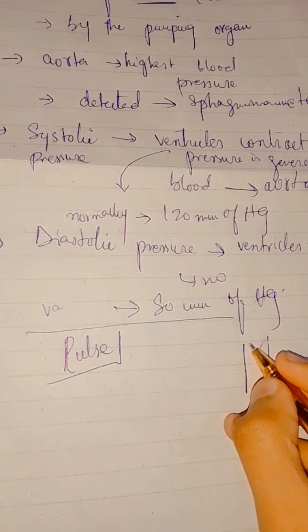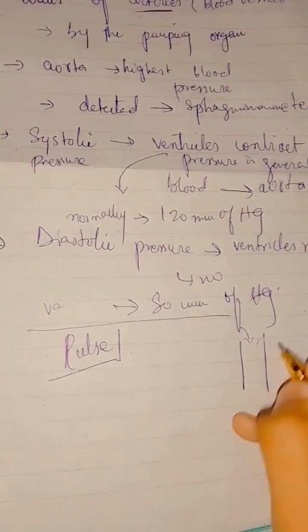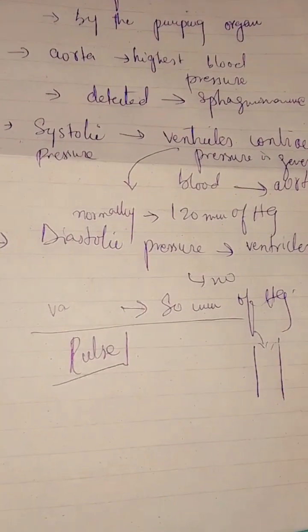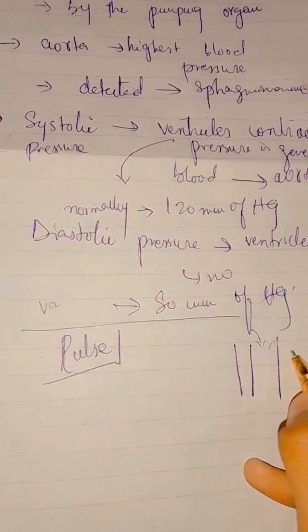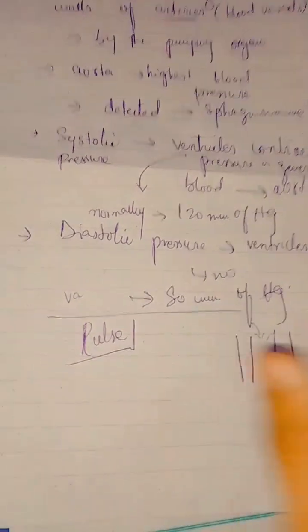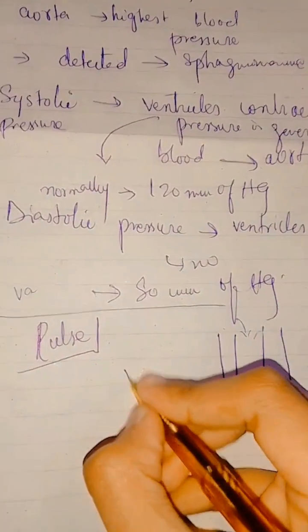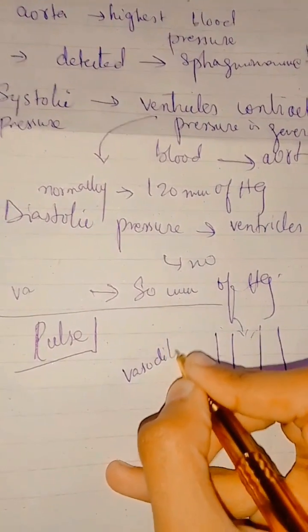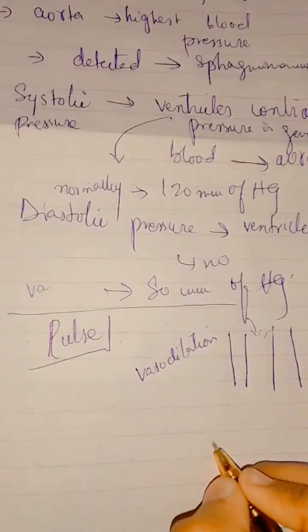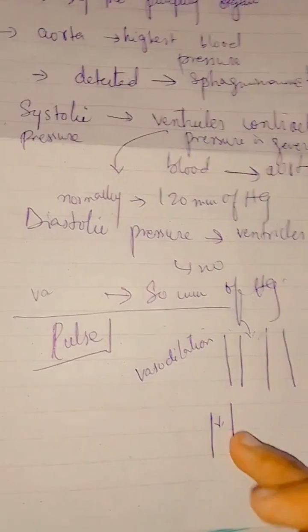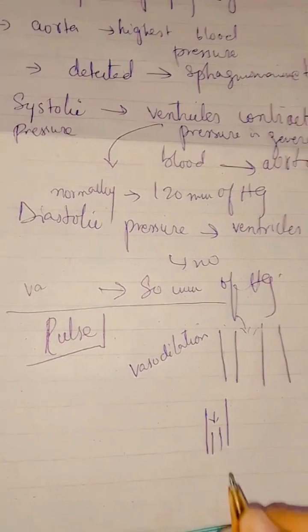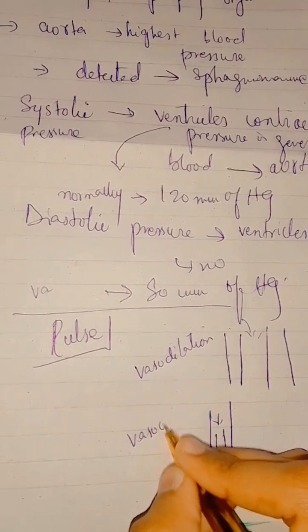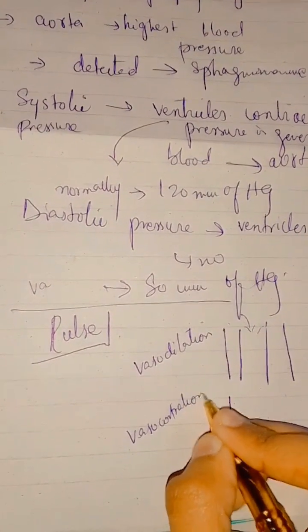If more pressure is generated in the arteries, they get wider, that is vasodilation. If less pressure is generated, the arteries get narrower, that is vasoconstriction, as we have discussed earlier.